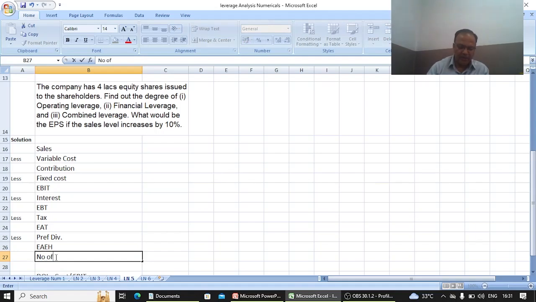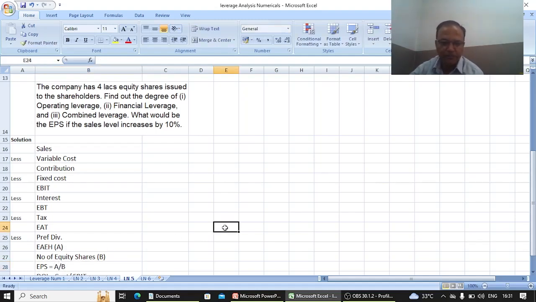Number of equity shares. If this is A and this is B, then A by B will be EPS. EPS is equal to A by B. Now let's start.